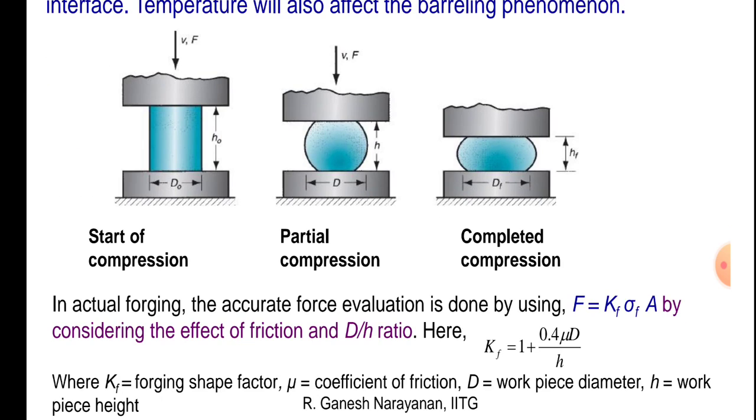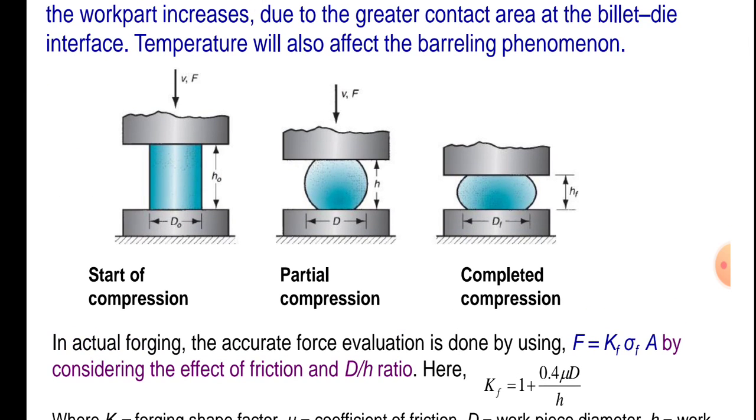Start of compression. In this figure, D0 is the diameter of the workpiece and H0 is the height of the workpiece, in between which the workpiece is held, and force is given by F and velocity V. Then partial compression.